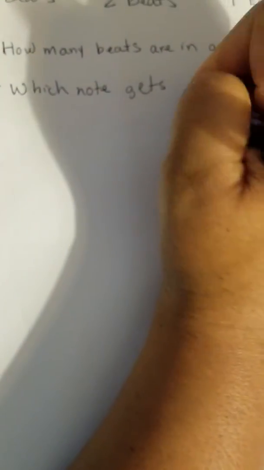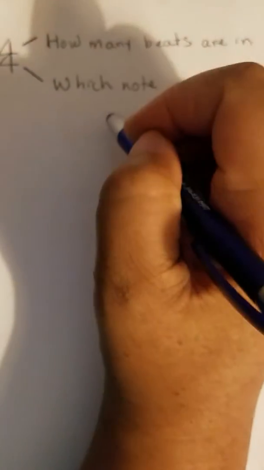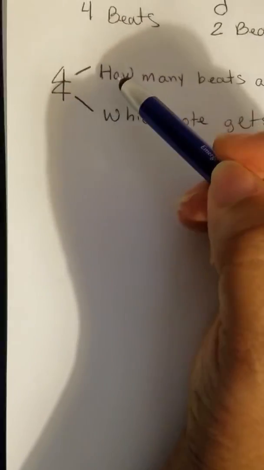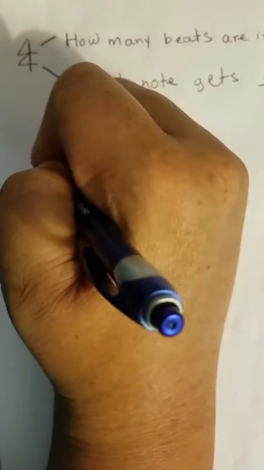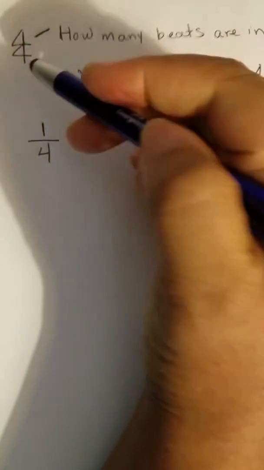So again, the bottom number tells you which note gets 1 beat. I'm going to go over some basic math really quickly. What we do is take this bottom 4 and put it in a fraction. Let's put a 1 for the numerator and use that bottom 4 as the denominator.